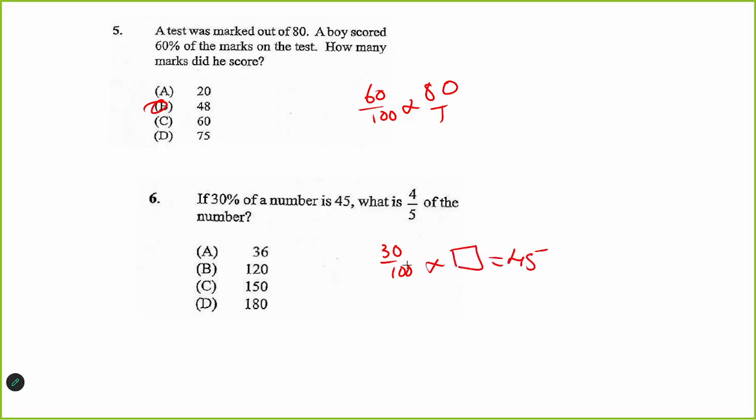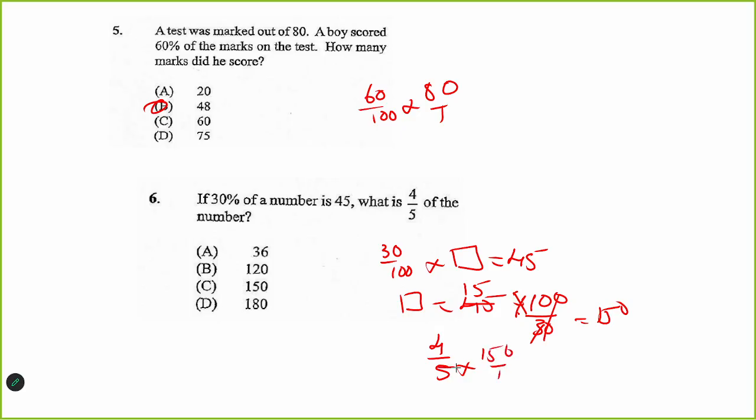That some number is going to be 45 divided by 100. Sorry, multiplied by 100 over 30. 3 into 45 is 15, that's 150. And then the 1/4 of that number: 4 over 5 multiplied by 150 over 1. 4 3s are 12, so it'll be C.